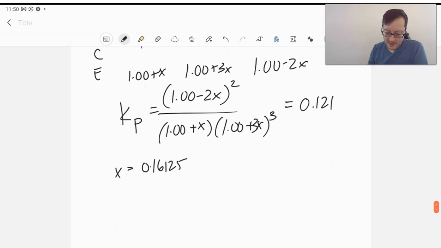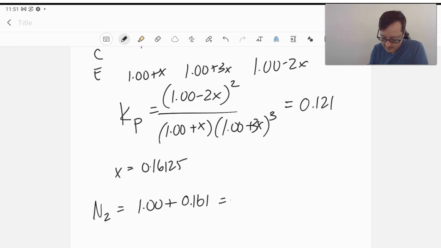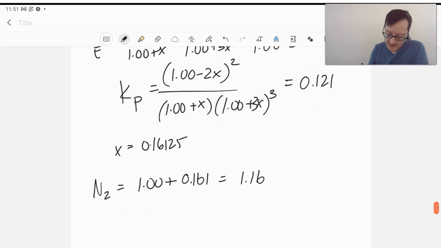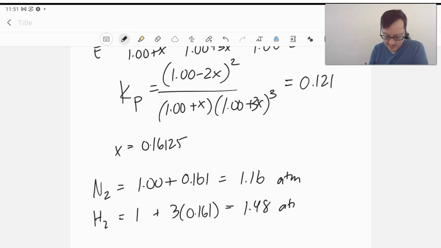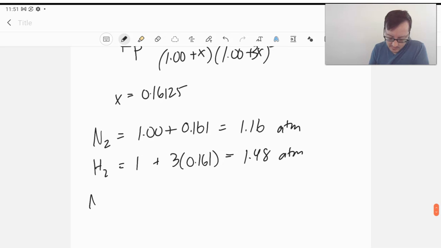So now we know that nitrogen is 1 plus 0.16, which is going to be 1.16 atmospheres. For hydrogen, it's 1 plus 3 times 0.161, which is 1.48, I'm assuming. And then the ammonia will be 1 minus 2 times 0.161.